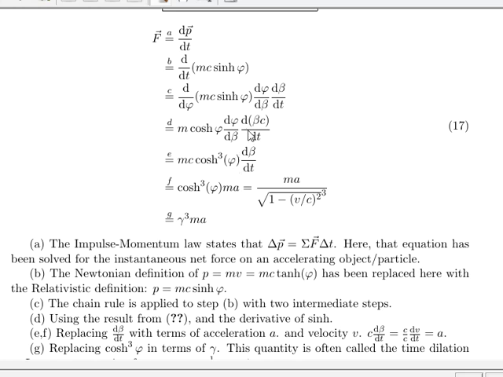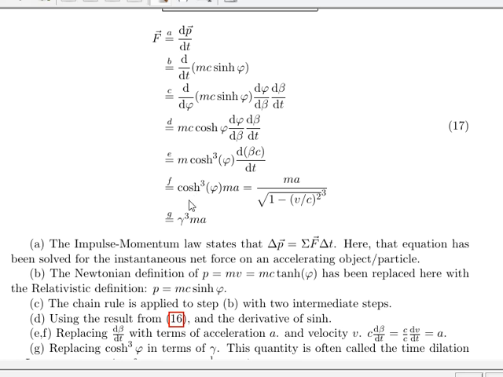Before I take del beta del t, let's move this c from over here to over here. Now we can take del beta c del t, which is the derivative of the velocity with respect to time. I moved the c over there, and now beta c is the velocity, so del v del t is acceleration.